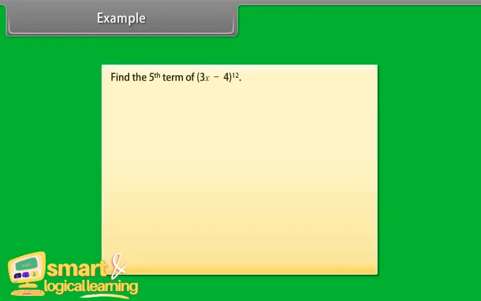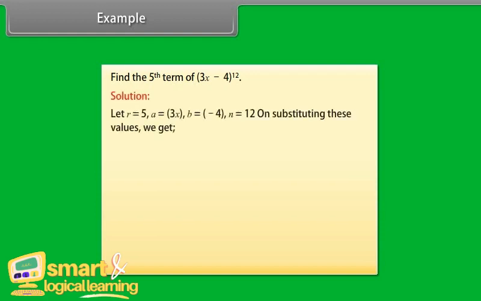Example: find the fifth term of (3x - 4) raised to power 12. Solution: let r equal 5, a equal 3x, b equal minus 4, and n equal 12.